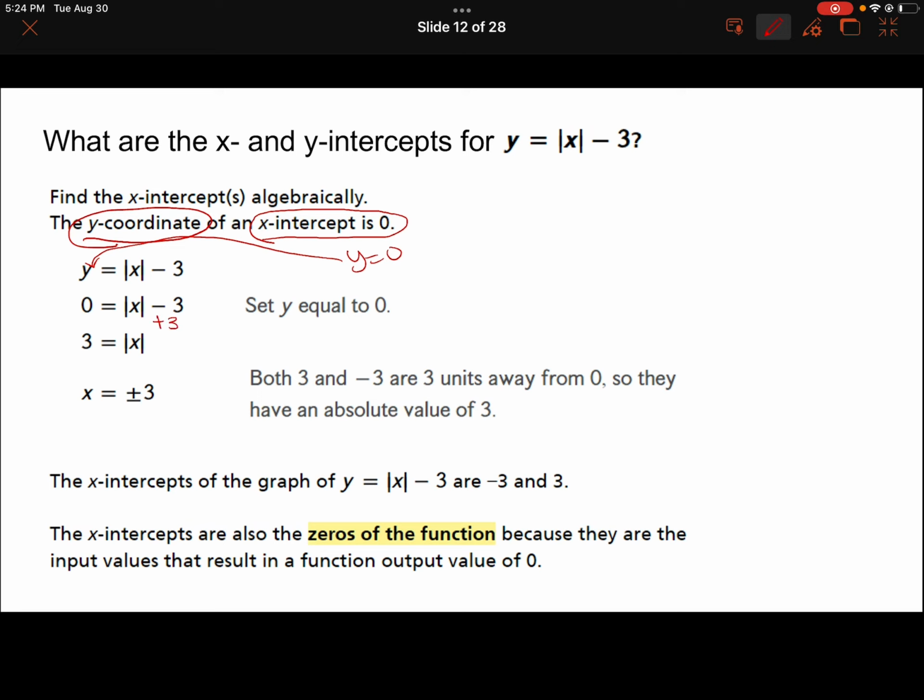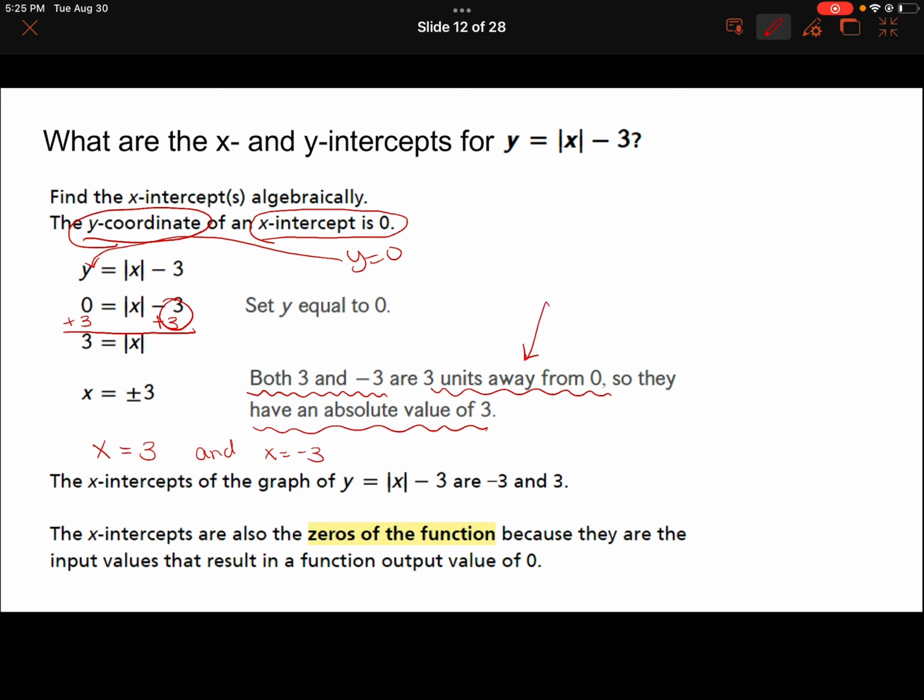Then we add 3 on both sides. This becomes 0, and it goes 3 equals absolute value of x. Both 3 and negative 3 are 3 units away from 0, so they have an absolute value of 3. So the answers will be x equals 3 and x equals negative 3.